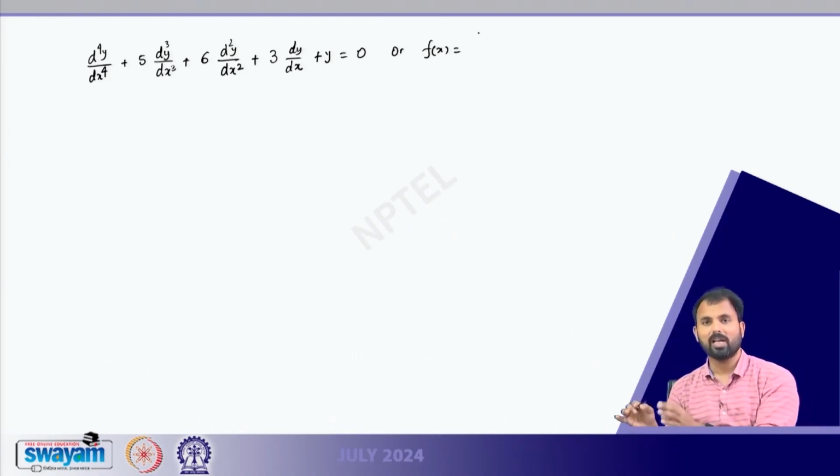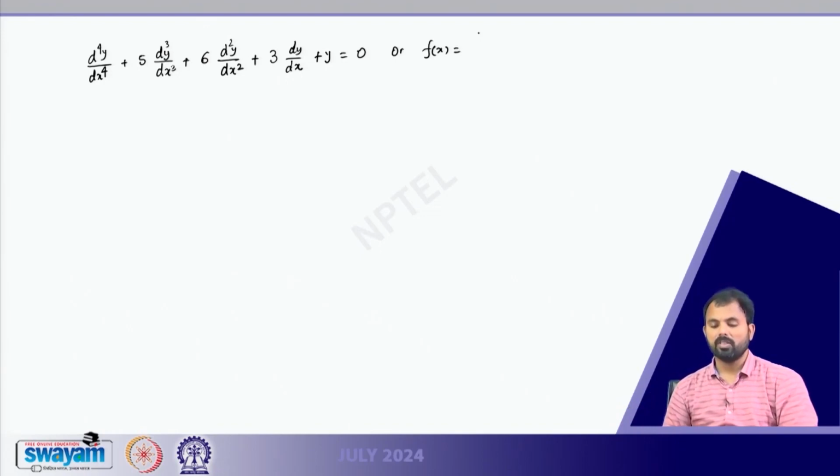There is a way to calculate the particular integral based on the given function, but as far as this type of equations are concerned, we can have higher order as well.